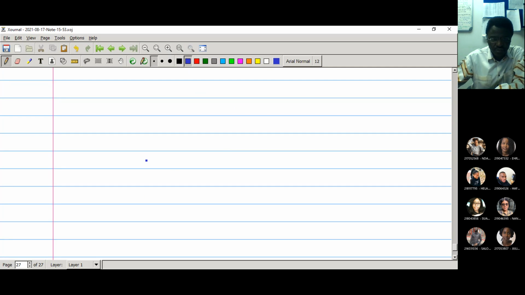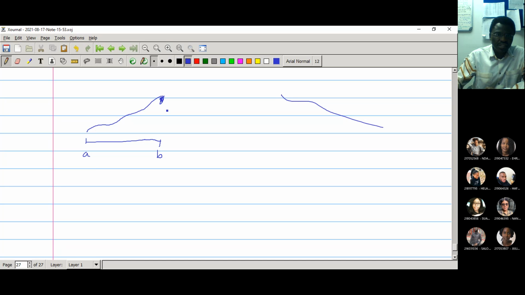For instance, it can be something like this, or something like that. Now, assume that my interval AB is this one. If I want the maximum, it will be here, because the function is increasing.